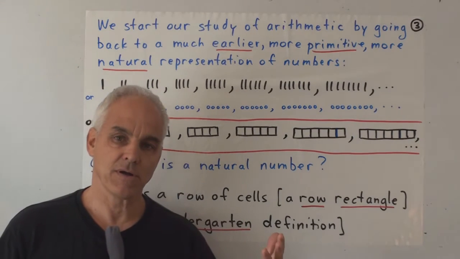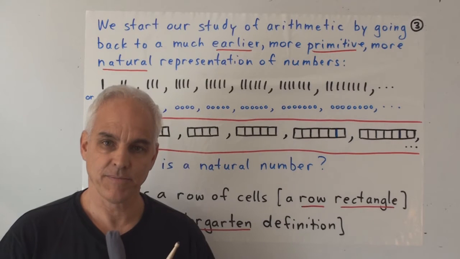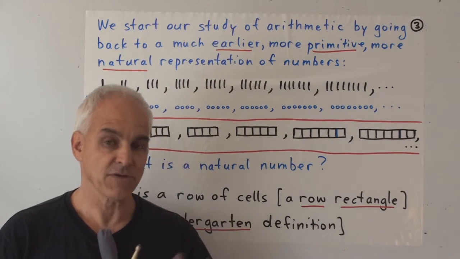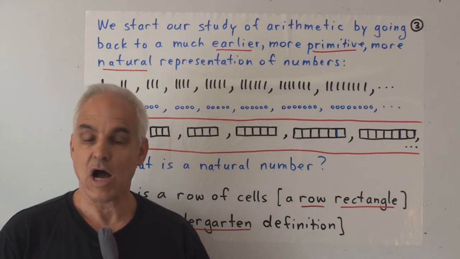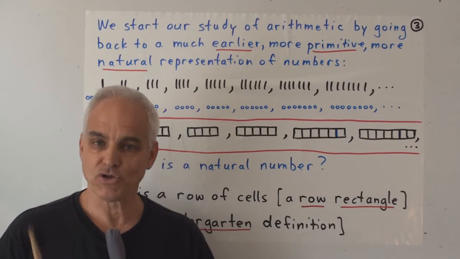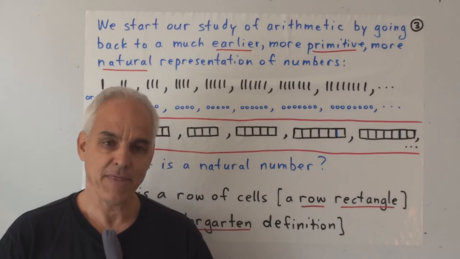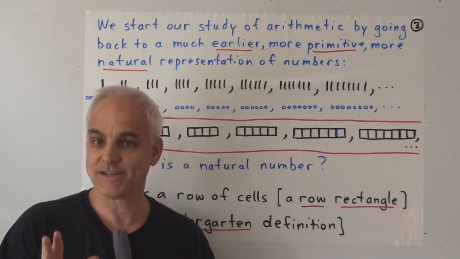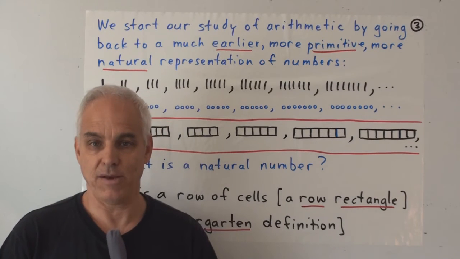Long before major cultures developed, tens of thousands of years ago, perhaps even hundreds of thousands of years ago, our ancestors would have lived in small tribal groups. And they would have had need to do some basic arithmetic, usually just some simple counting now and then.